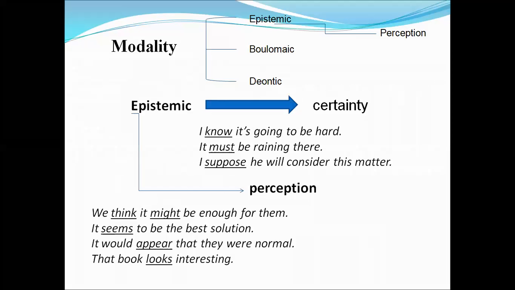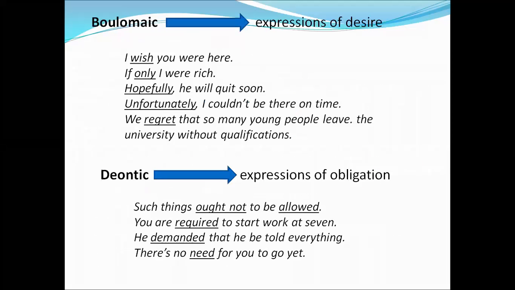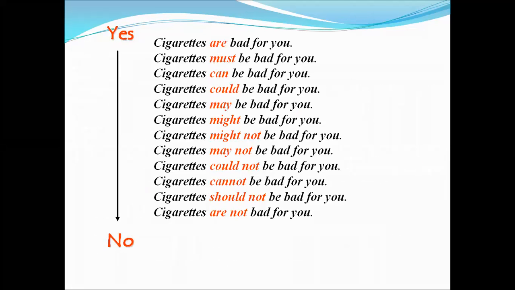I think I should not talk about the types. It is there in your course. It would be problematic. Look at here. Degree or use of modality. Simply be. There is must, can, could, may, might and might not, or may not, could not, cannot, should not, and aren't.